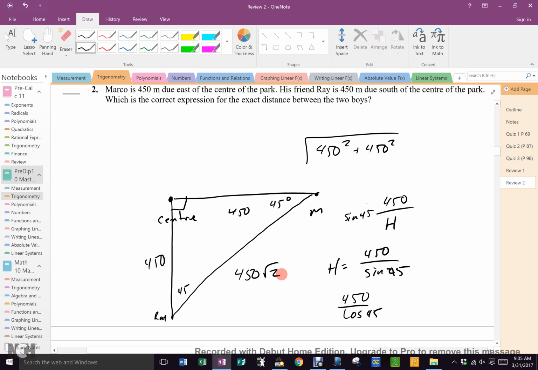You're absolutely right, it is a special triangle, but 1, 1, root 2 is only for 1 meter and 1 meter. So this is now 450 times that, so 450 root 2 would also be acceptable. Okay, so let's say it was 600 on the test, it would be 600 root 2. Yeah, because it's 600 times bigger.